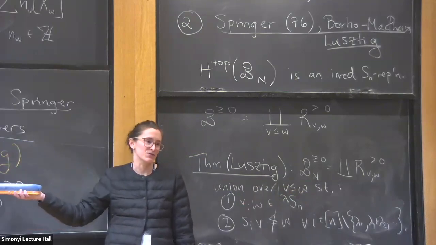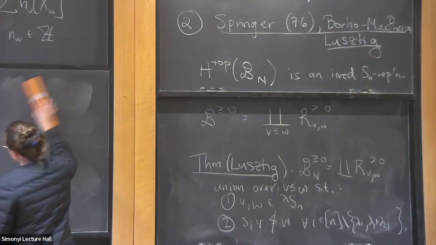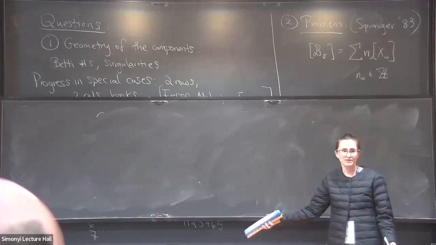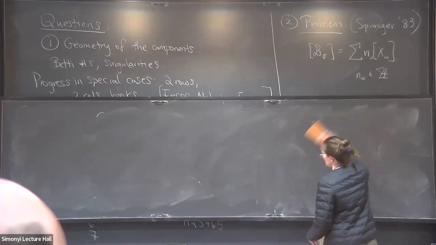So I do have an answer already in the literature, but because components of Springer fibers are indexed by tableaux, the natural question is: what's the subset of tableaux that correspond to this property?